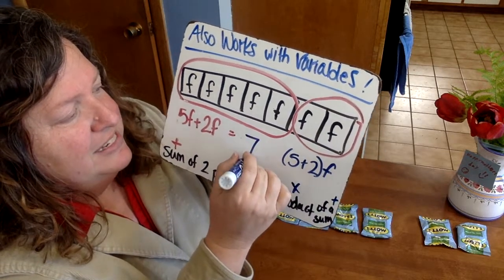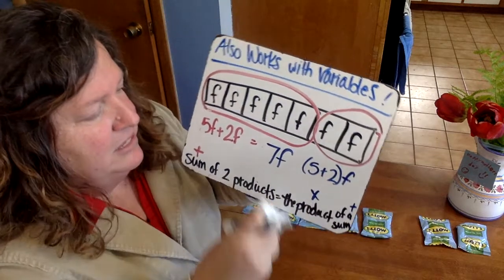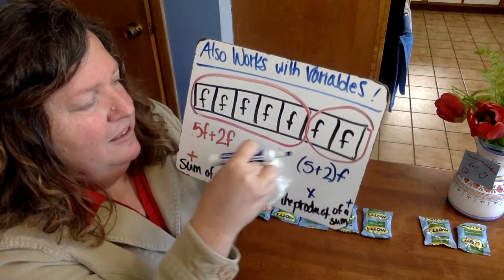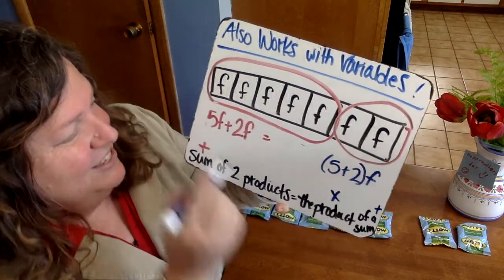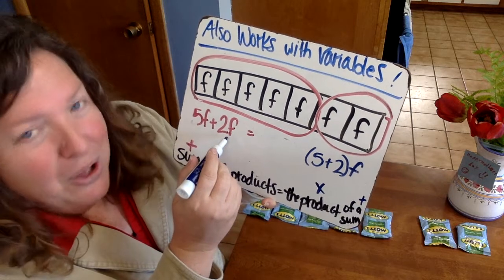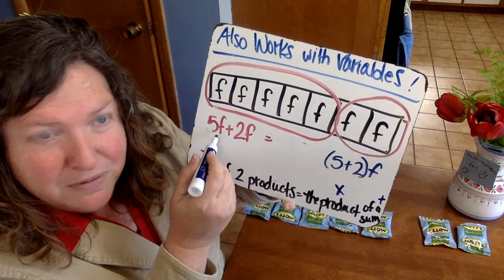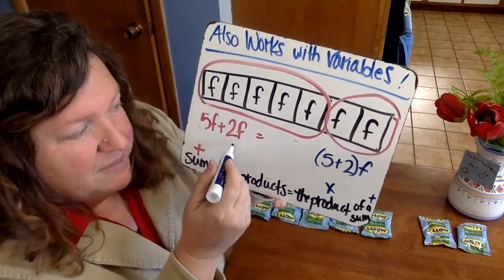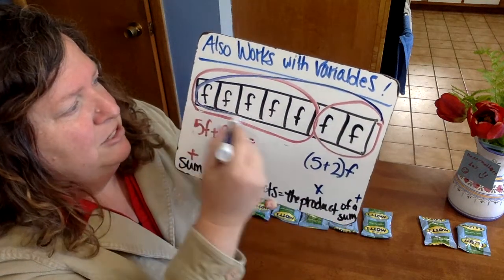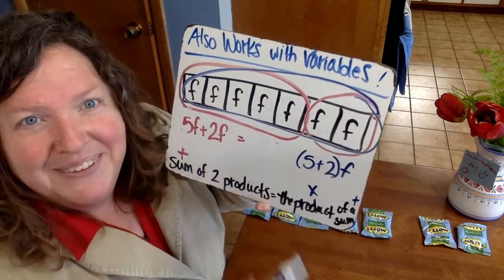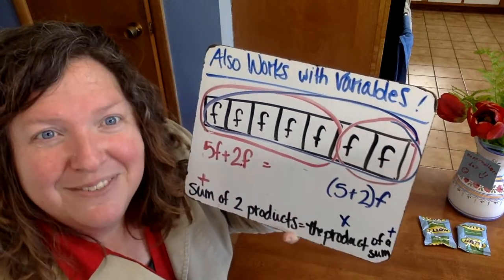So we could call that 7F, or we could call it 5 plus 2 in parentheses, times F. So 5F plus 2F also equals (5 plus 2)F. 5 times a mystery group of F plus 2 times a mystery group of F equals 5 plus 2 groups of F. That's the distributive property when we use variables.